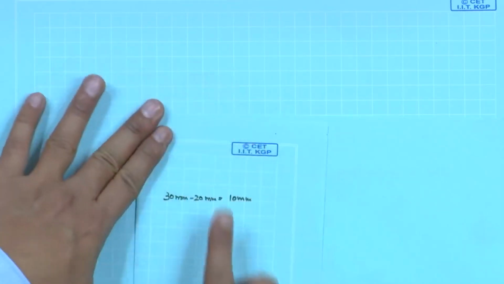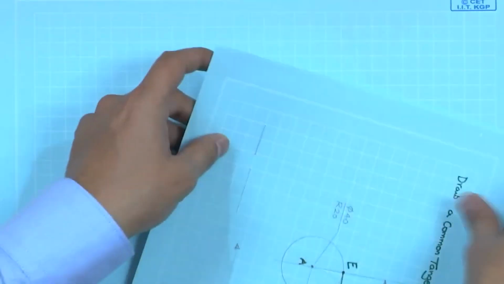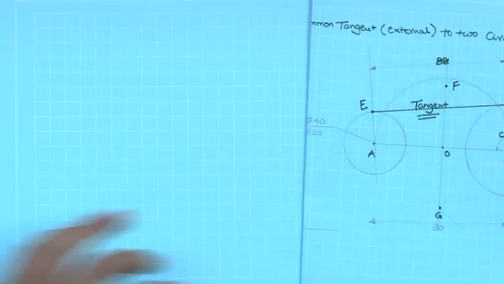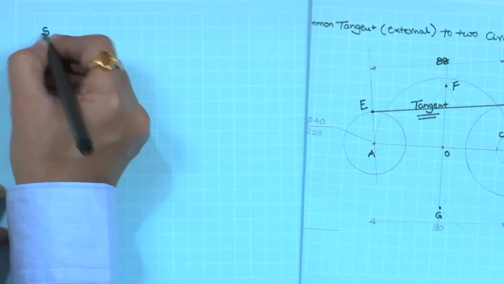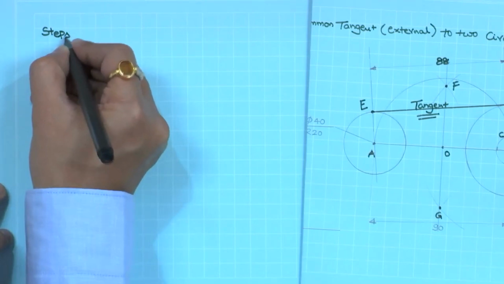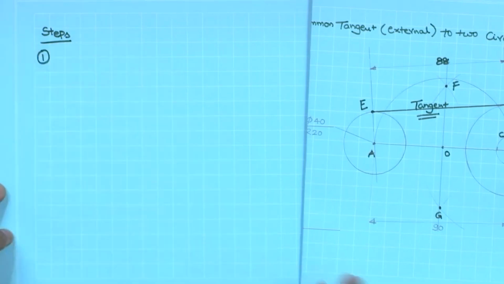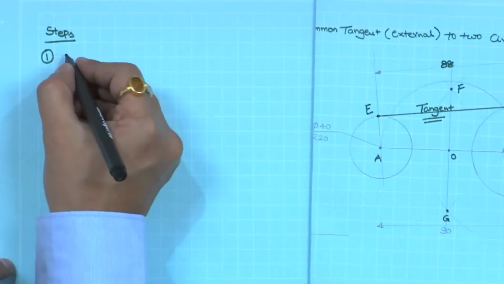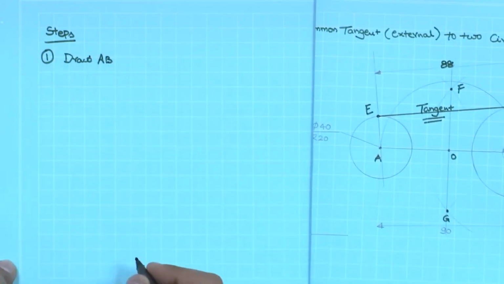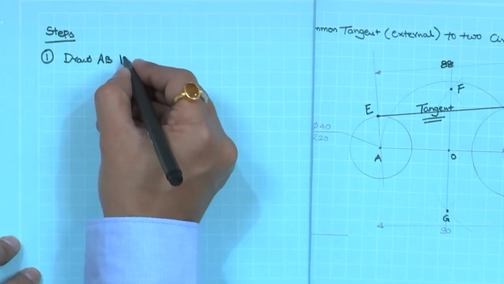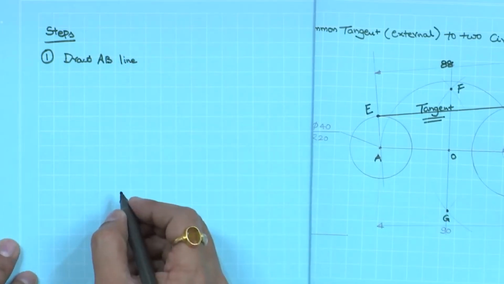So, let me write down the complete procedure to construct it. Okay. For this first circle, steps to be followed. Draw AB, a line of the distance given between the circles.